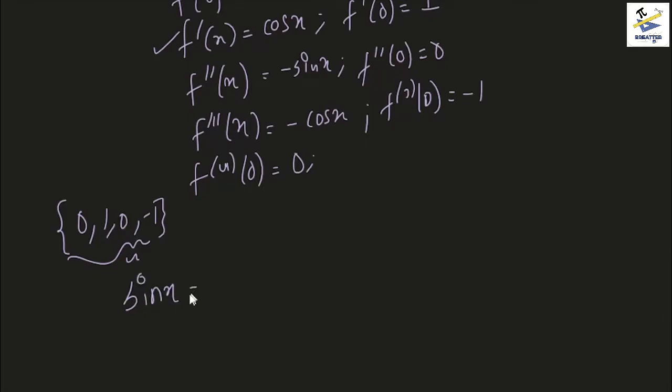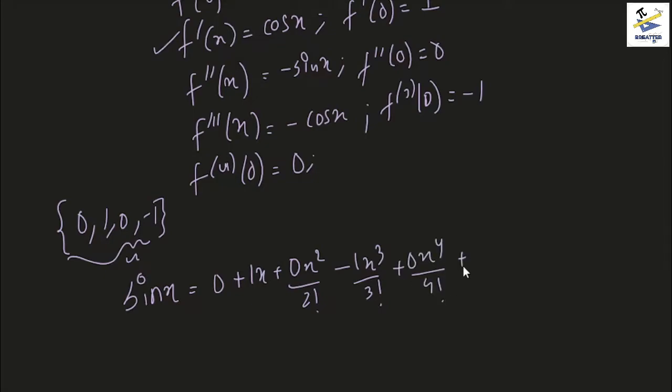Sin x would be equal to 0 plus 1x plus 0 x square by 2 factorial minus 1x cube by 3 factorial, and then again 0 x to the power 4 by 4 factorial plus 1x to the power 5 by 5 factorial plus 0 x to the power 6 by 6 factorial minus 1x to the power 7 by 7 factorial, and so on.